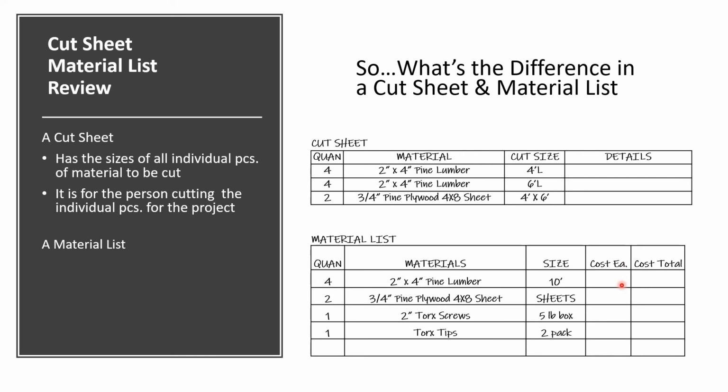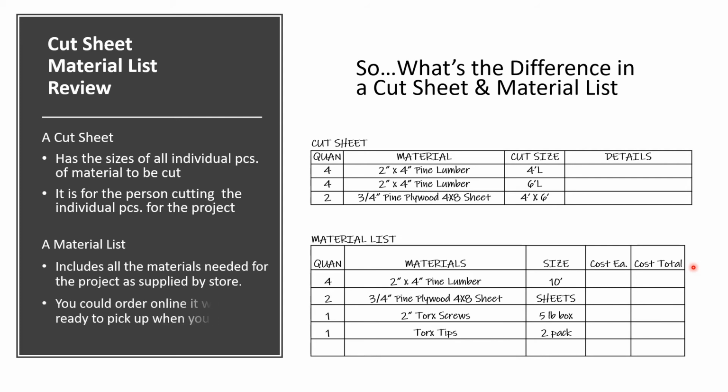A material list is all of the pieces on the cut sheet added up in the format that the supply house will have the material. It'll be filled out in such a way it's complete with the links that the supply house has available.